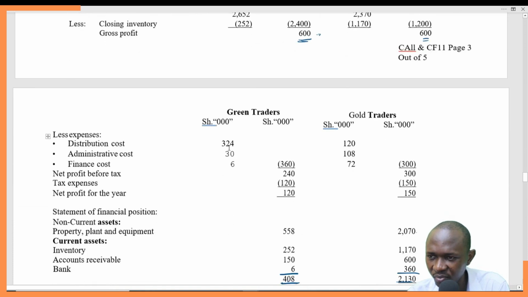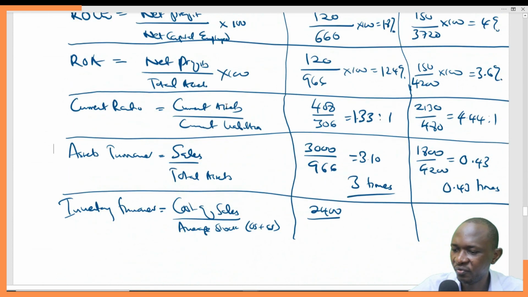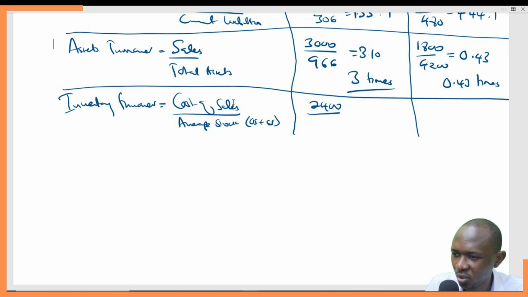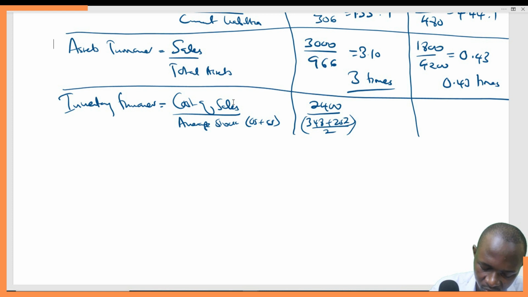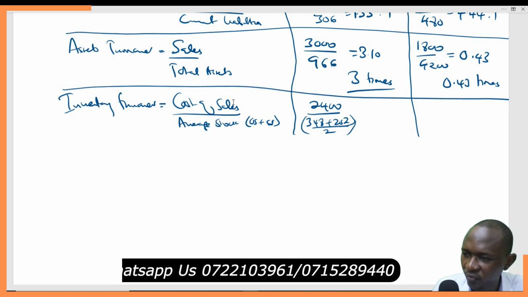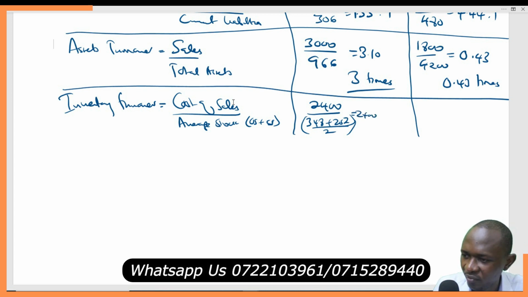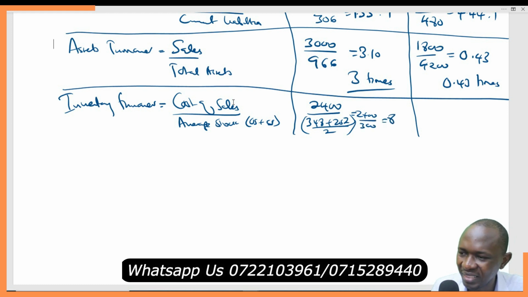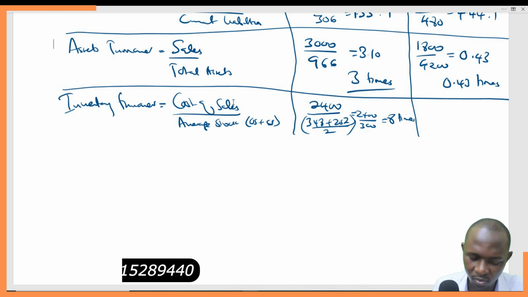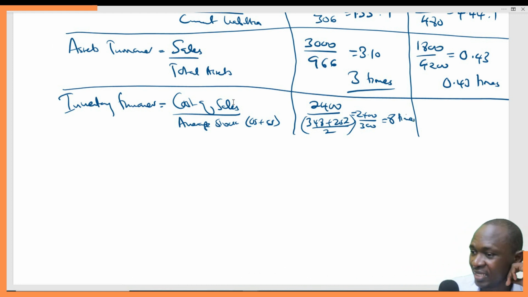So 348 plus 252 divided by 2 is 300. So this is 24 divided by 300, which gives us 8 times. Turnover is the number of times, so it will be 8 times inventory turnover.